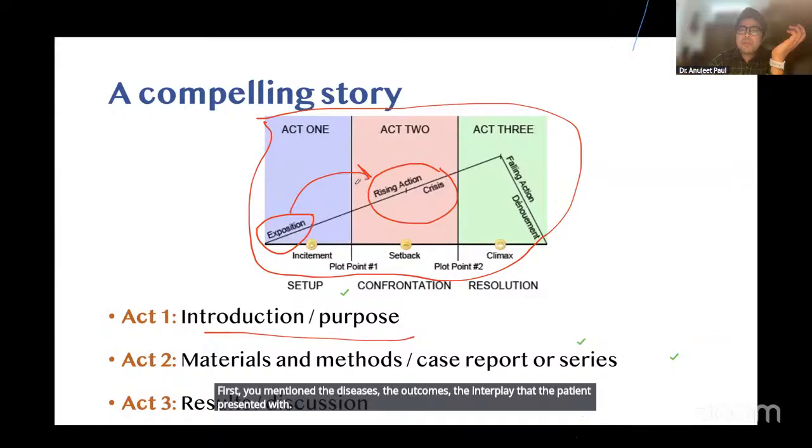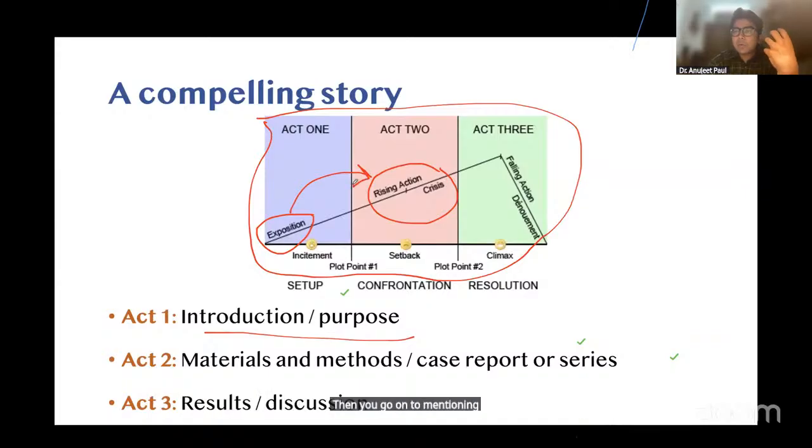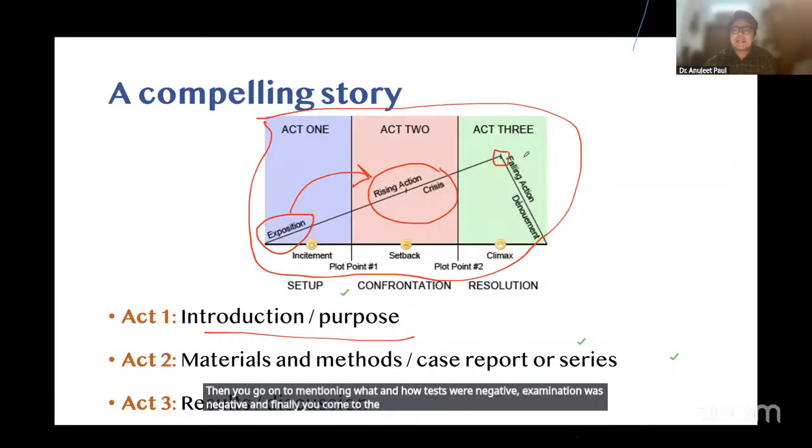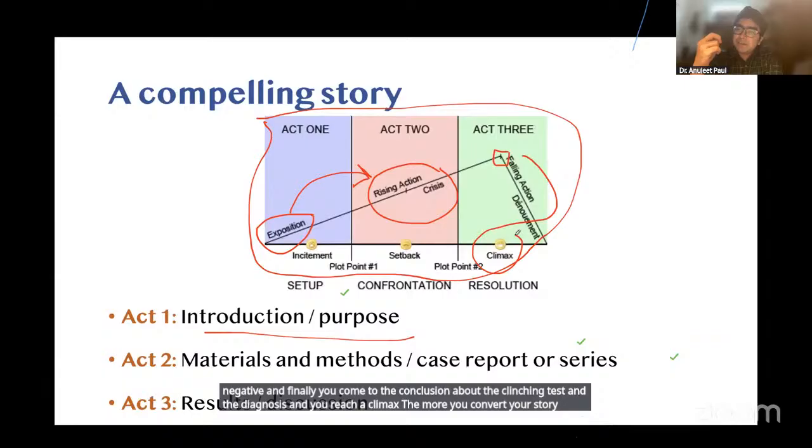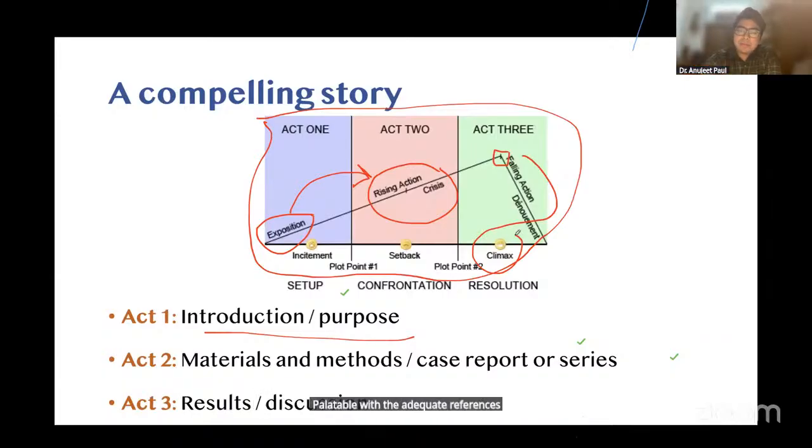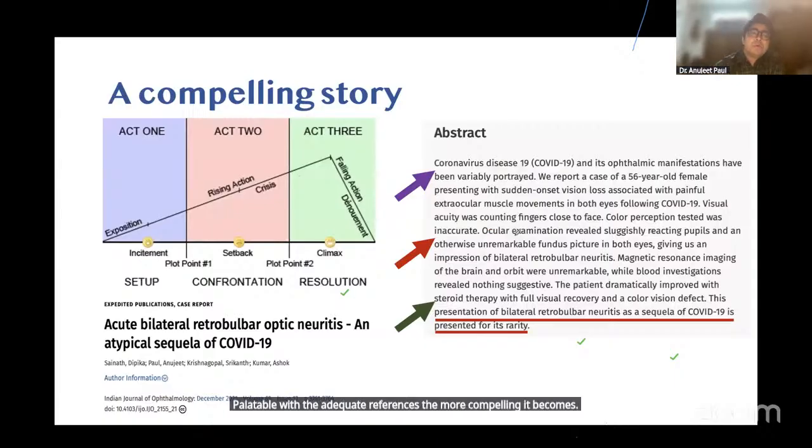Then you go on to mentioning what and how tests were negative, examination was negative, and finally you come to the conclusion about the clinching test and the diagnosis, and you reach a climax. The more you convert your story into something that is readable, palatable, with adequate references, the more compelling it becomes. So this is one more example.